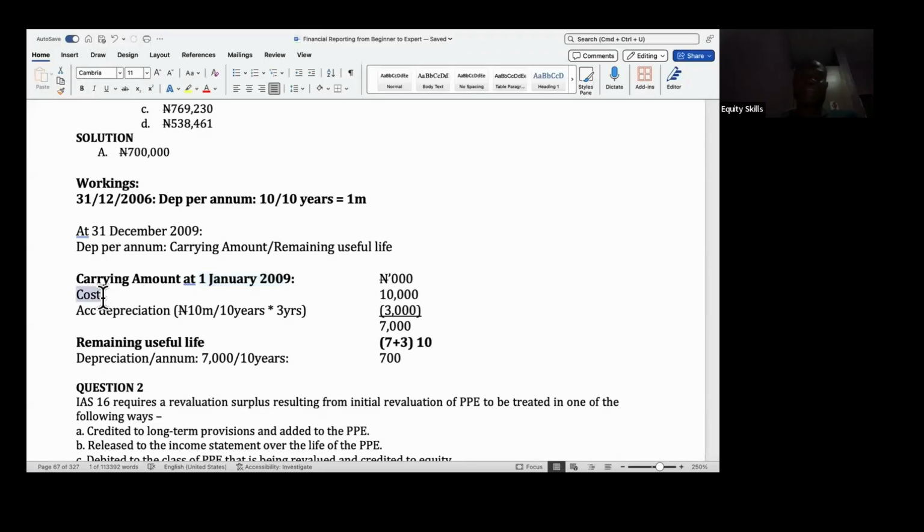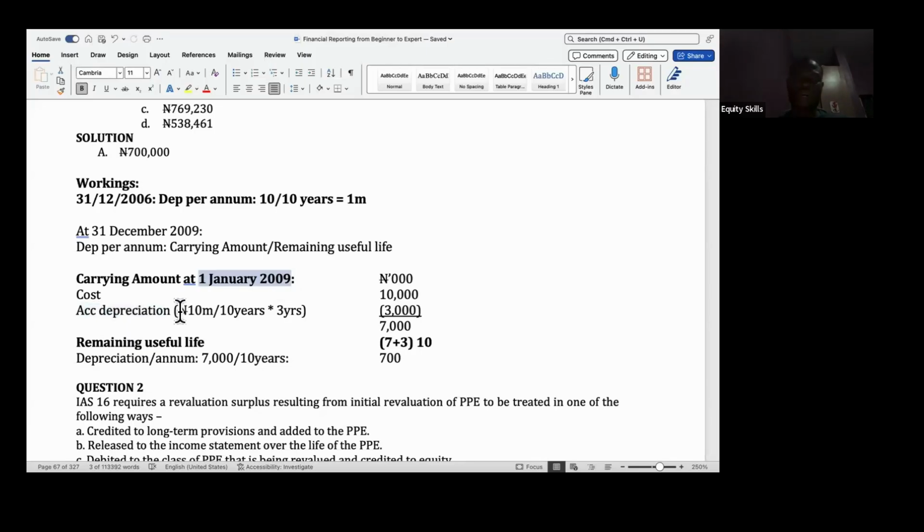It is the cost of the assets, which is 10 million. I'm sure you know that this is 10 million. When I write 1000 and I put level of rounding of 3 zeros, that's 10 million. Minus accumulated depreciation, meaning the depreciation we have charged from the date we bought the assets till 1st January 2009.